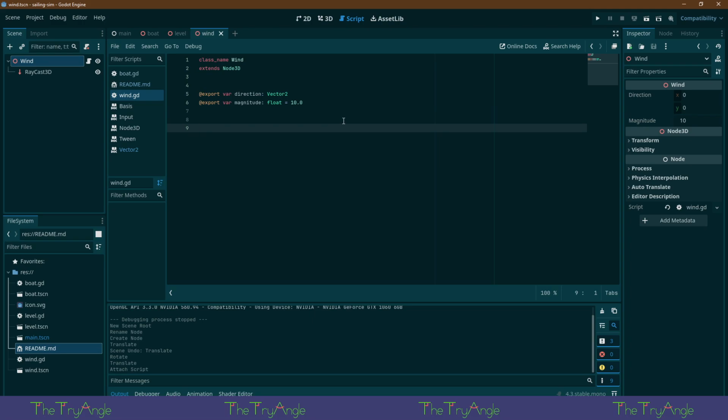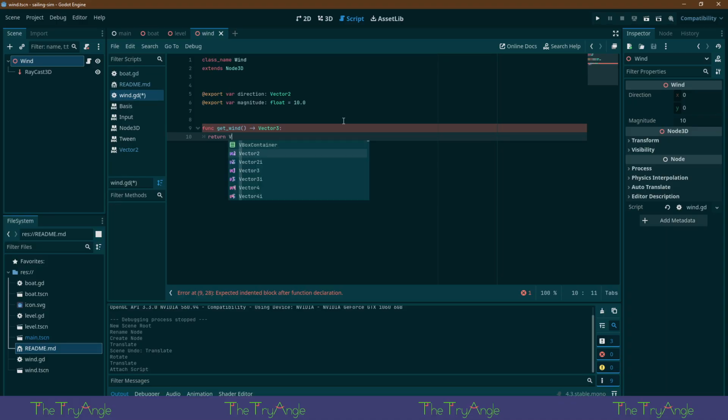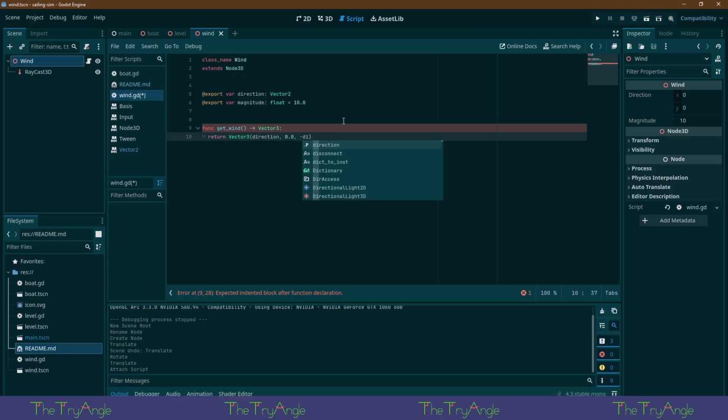So let's think here. Function, we're going to have get wind. And we're going to return a vector 3 instead. I want the direction, I want nothing in the y-axis, and I want 0.